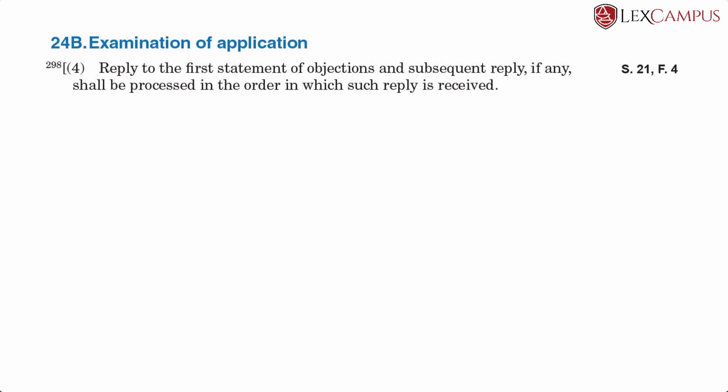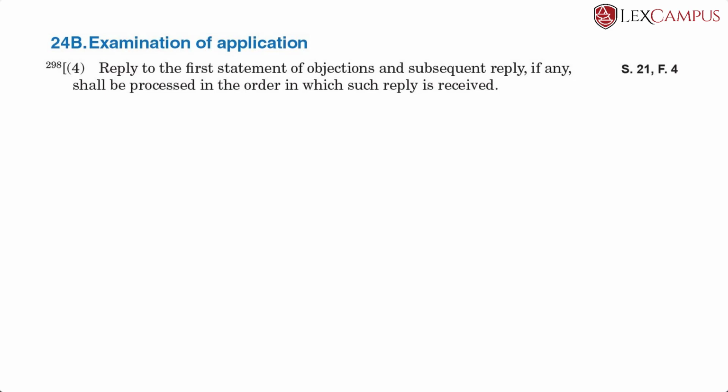For instance, if the applicant files a reply to the first statement of objections within a week's time of receiving the objections, his application will move forward based on the reply received. If the applicant prolongs the reply and waits till 1 week before the expiry of the period and then files it, then it will be processed in the order in which the reply is received.